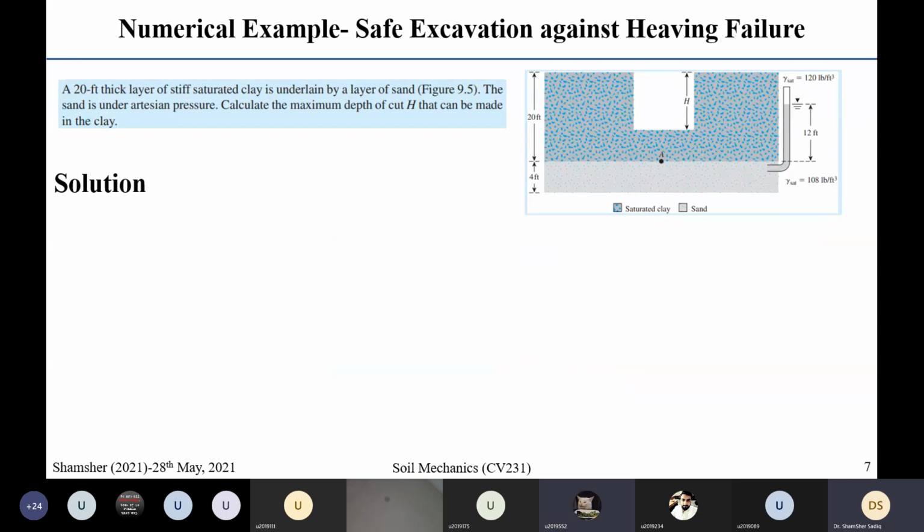So now let us apply the knowledge of seepage to one of the practical problems.